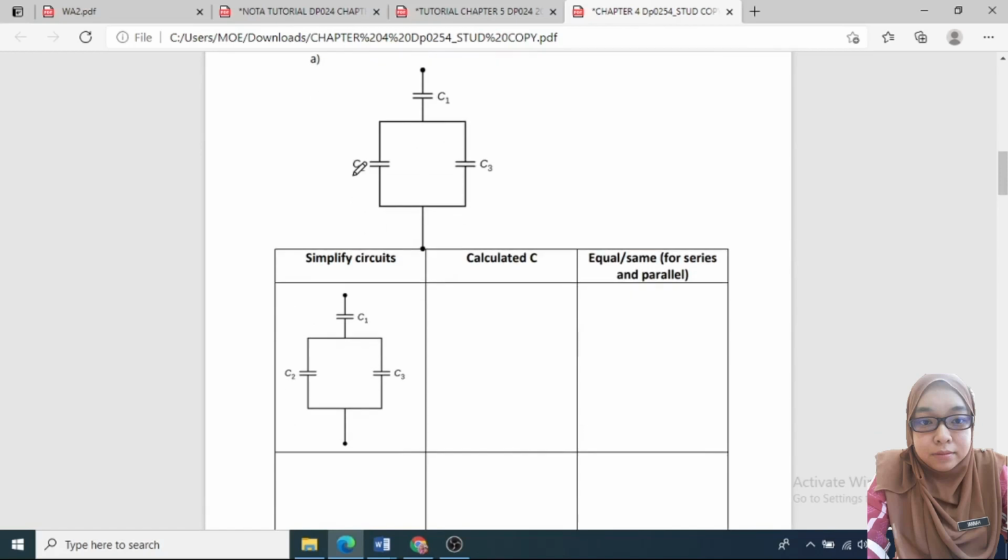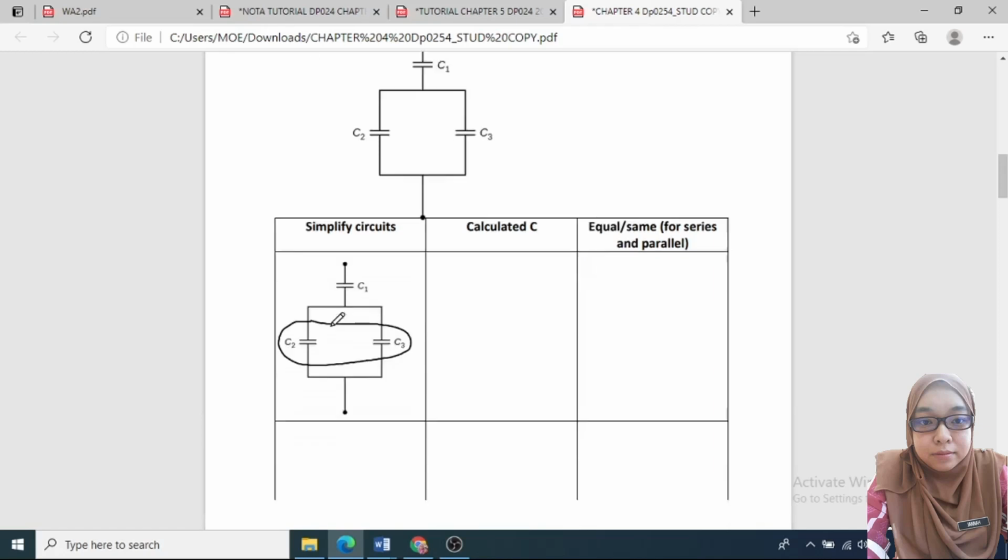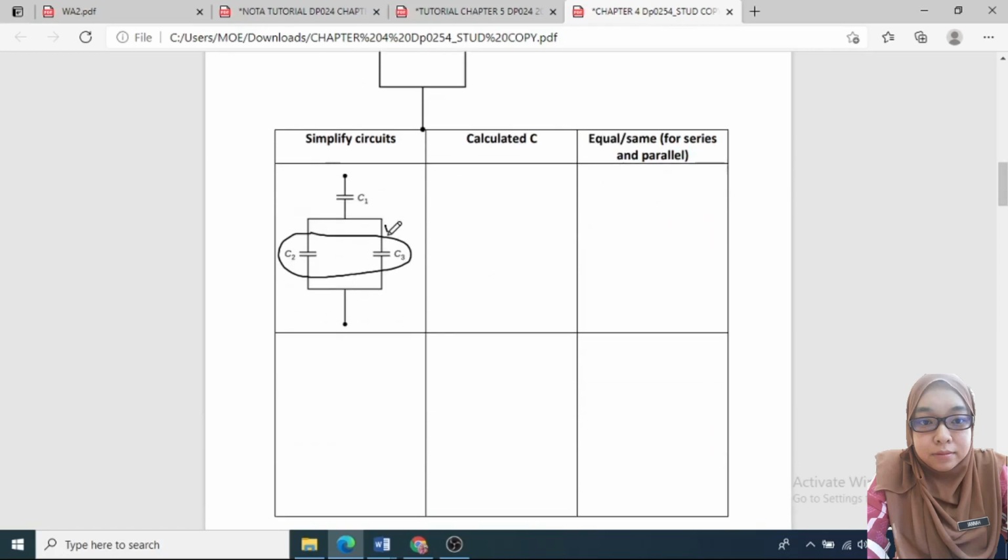So first, we simplify C2 and C3. It is a parallel circuit. So when we combine, the diagram will be the simplified one, C1 and C23.